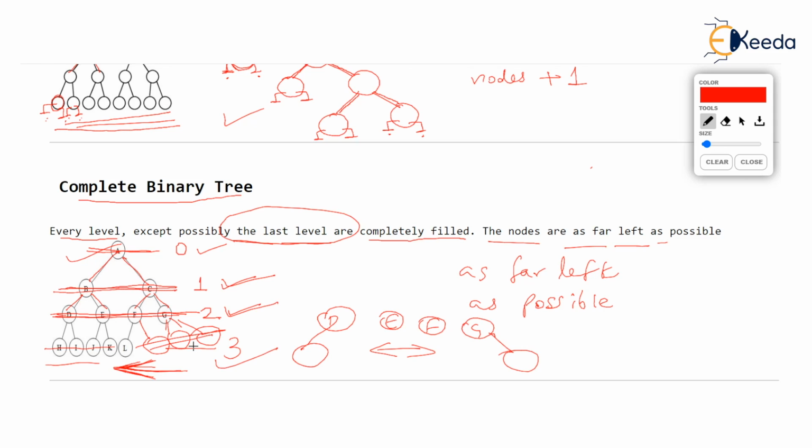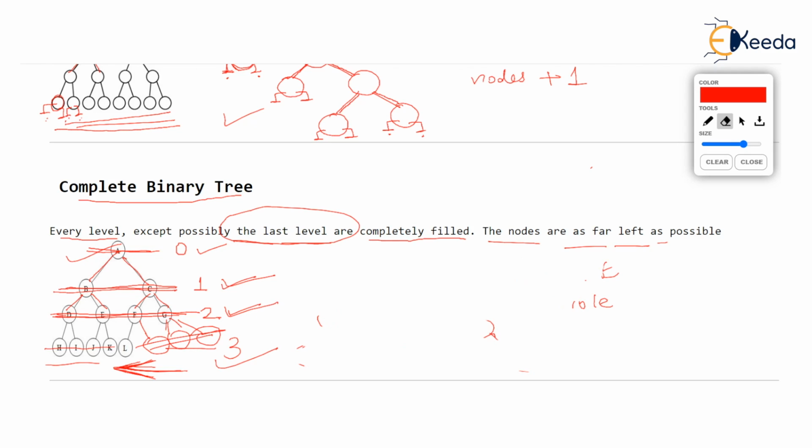I hope you understand. Let me draw an example tree and you just find out which type of tree it is. Say, suppose I construct a tree like this. This is the tree. Now this is a complete binary tree because on level 0 there can be only one node, filled.